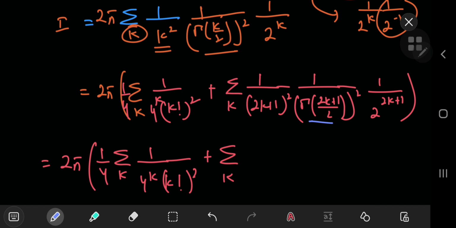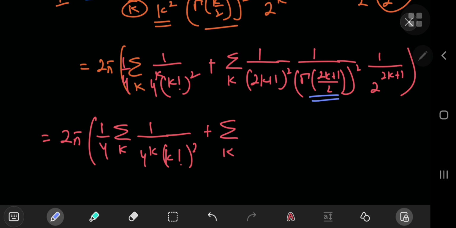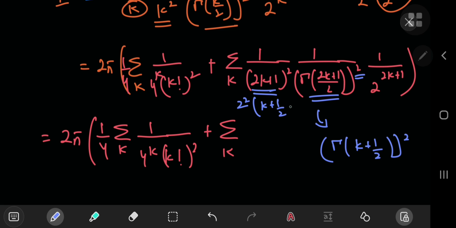Just notice something. Gamma 2k plus 1 by 2 can be written as gamma k plus 1 by 2, and you have the square over it as well. And you can pull out a 2 from here, and you'll have 2 squared times k plus 1/2 whole squared. And this 2 squared is just a 4, so write it out here. And you have k plus 1/2 squared times gamma k plus 1/2 squared.